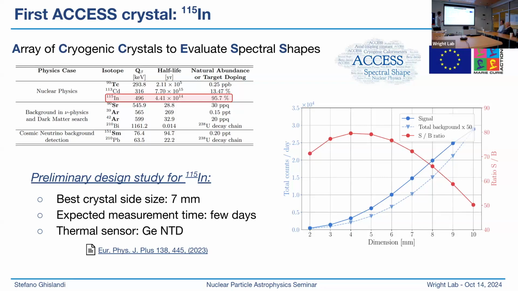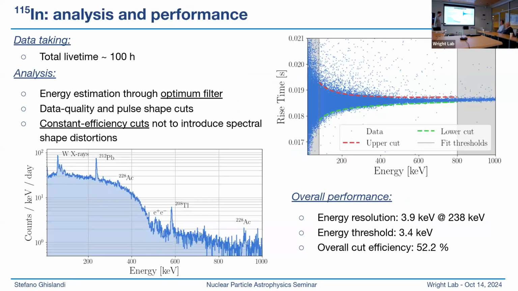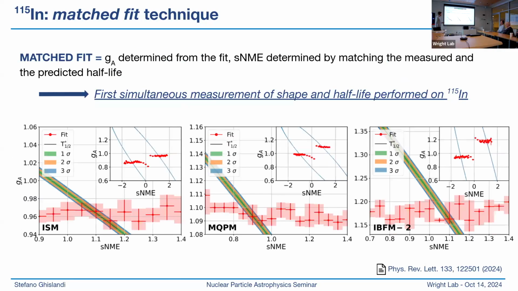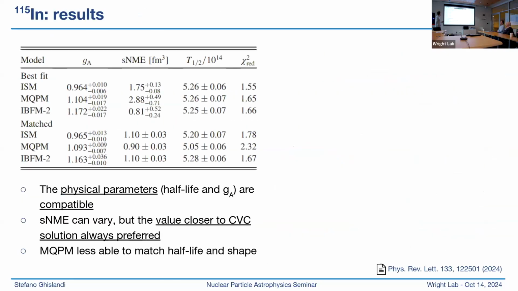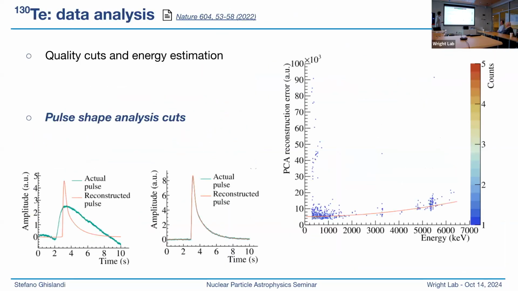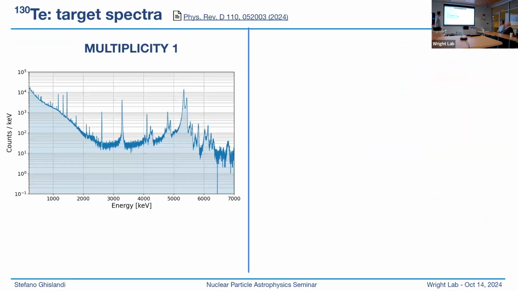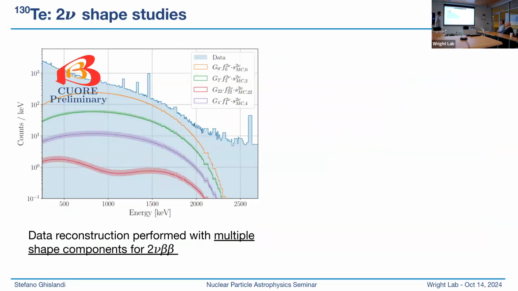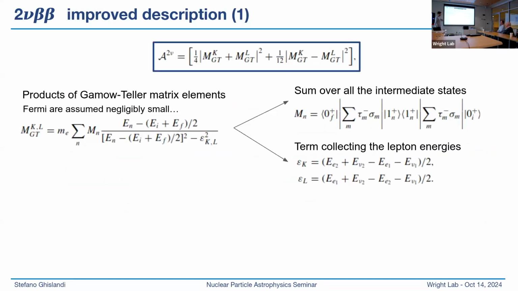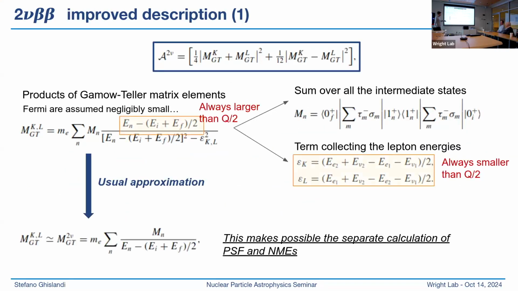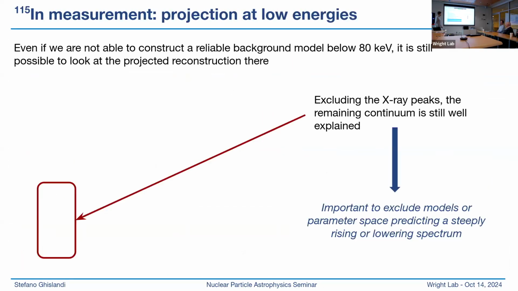And this is important because I don't know if you noticed, but I told you that the energy threshold is 3 keV, but the fit is done from 80 keV. Why? Because we couldn't really model well the X-rays produced by the particle emission of the source from the indium iodine crystal.